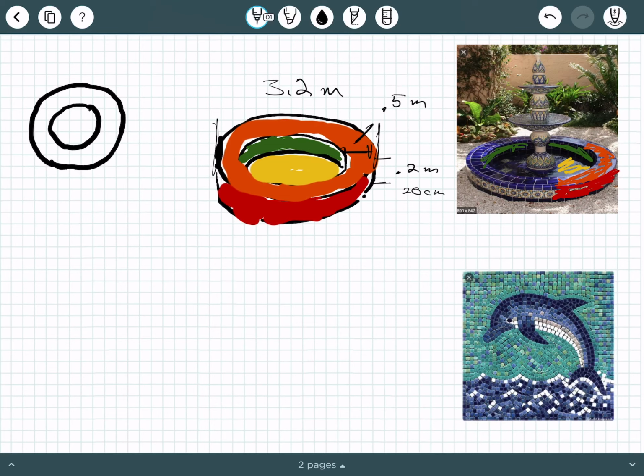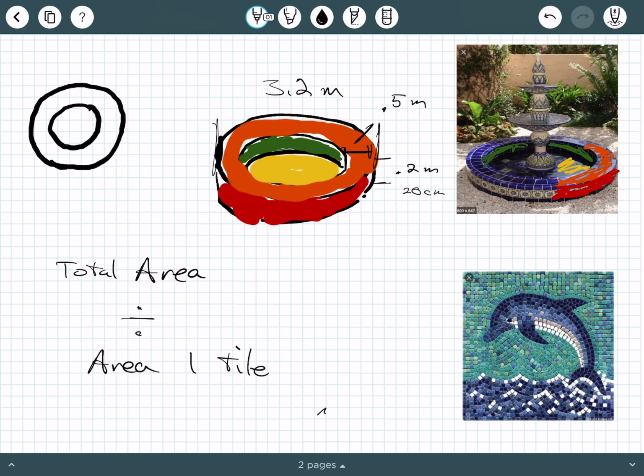Now you should have all the dimensions you need. You have to figure out your area. And if each one of these tiles, so find your total area. What's your total area? And then what you're going to do is take that and divide it by the area of one tile.